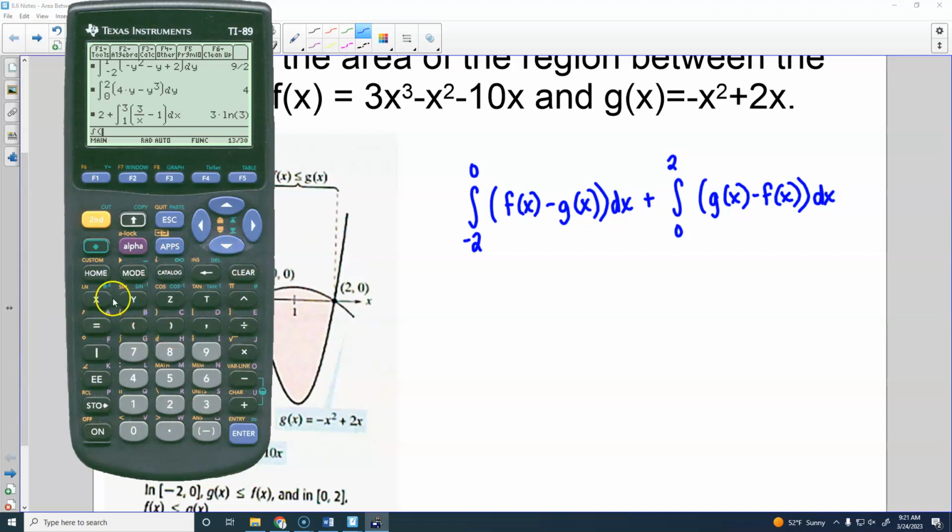Okay. y1 of x minus y2 of x, comma, x, comma, -2, comma, 0, plus our integral of y2 of x minus y1 of x.